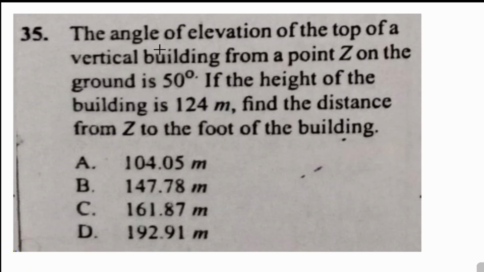The angle of elevation of the top of the building is 50 degrees, the height of the building is 124 meters, and we have to find the distance from Z to the foot of the building.